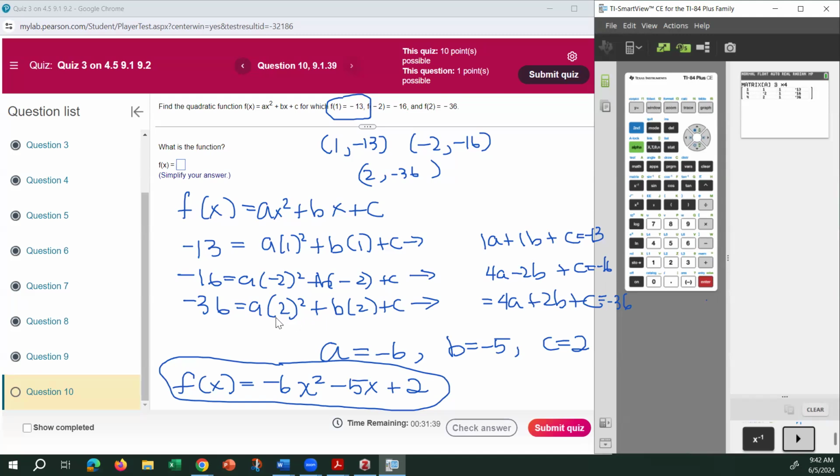And the last one is 2A, 2 squared plus B2 plus C equals -36. 4A plus 2B plus C equals -36.